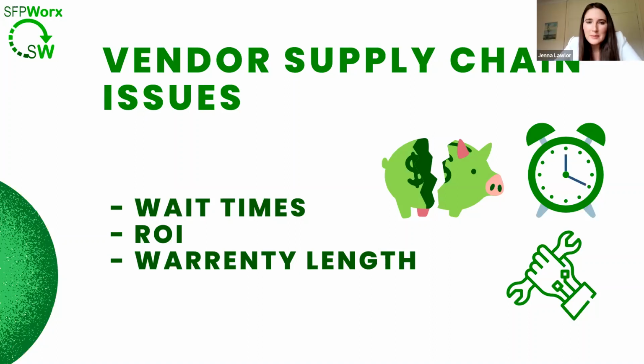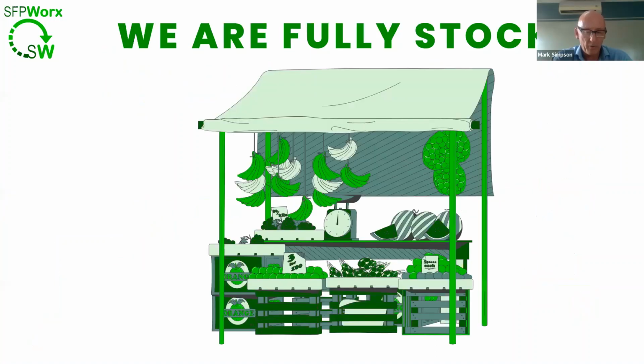One of the benefits, I believe, aside from all of these things, shorter wait times, return on investment, our longer warranty length, is stock, right? Yeah, that's an important statement, and I think that's one of the differentiating factors of SAP Works in South Africa.